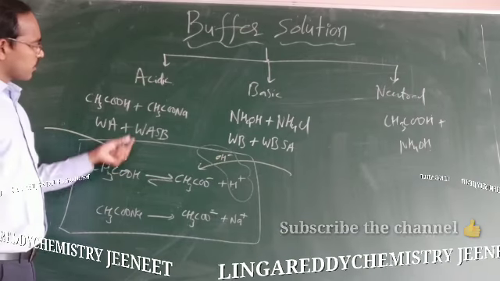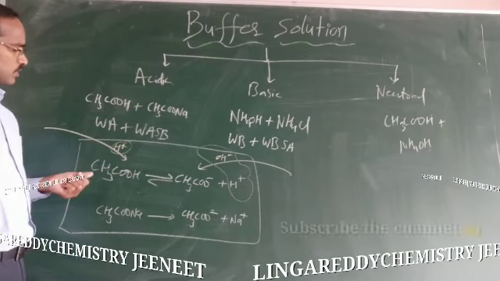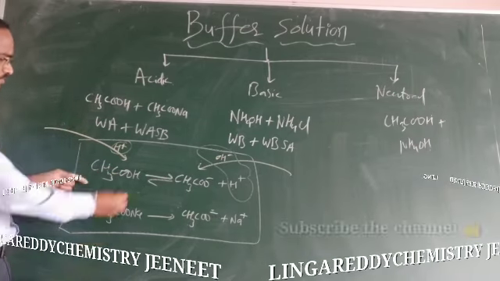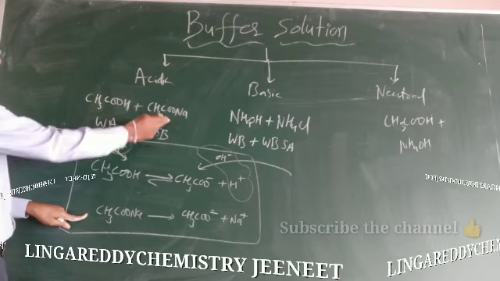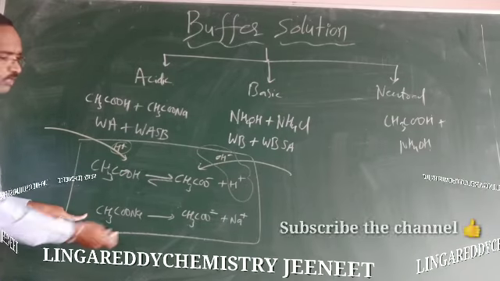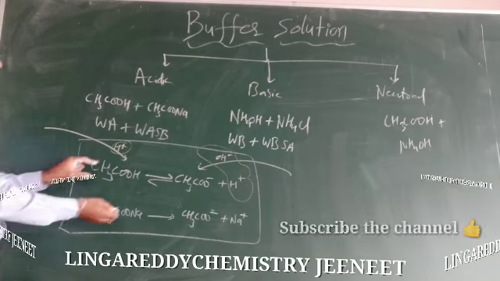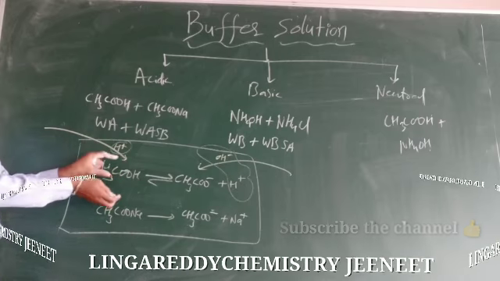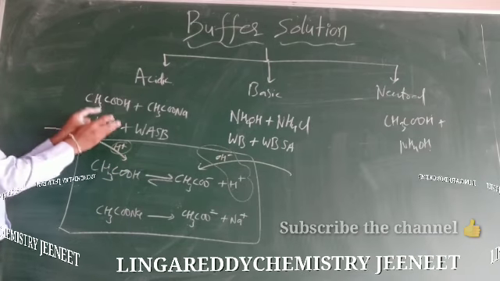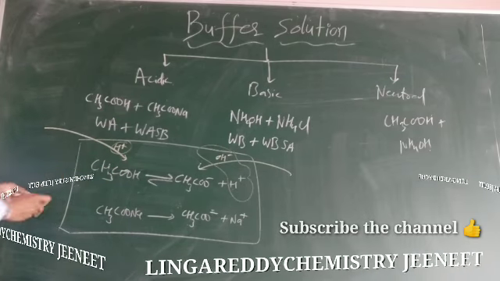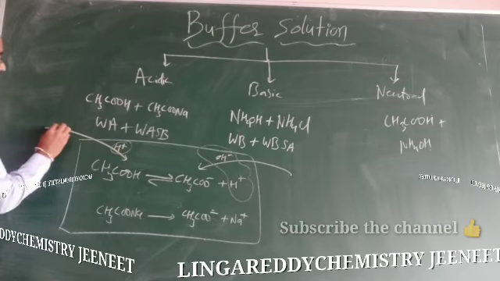This is the mechanism. I am taking the acidic buffer solution. The weak acid dissociates partially into acetate ion plus H plus. Then sodium acetate, of course, dissociates completely. These two equilibria exist in the given acidic buffer solution. Suppose I add a small amount of acid.